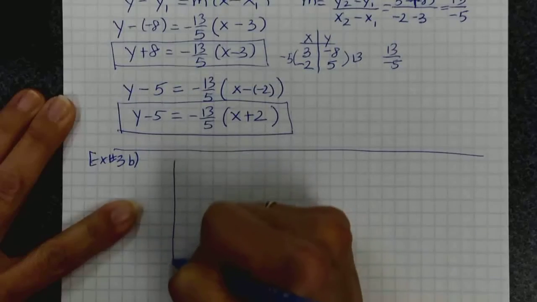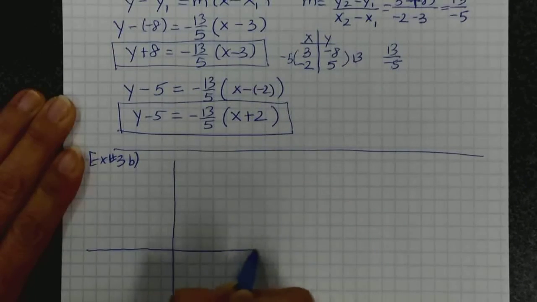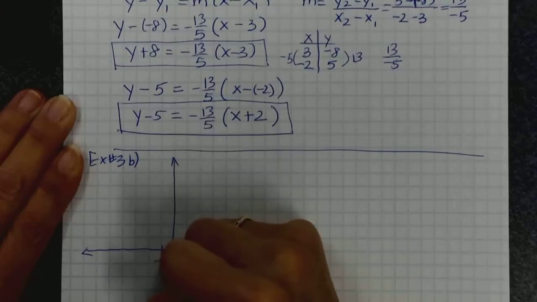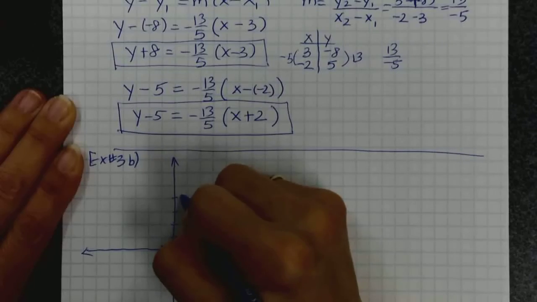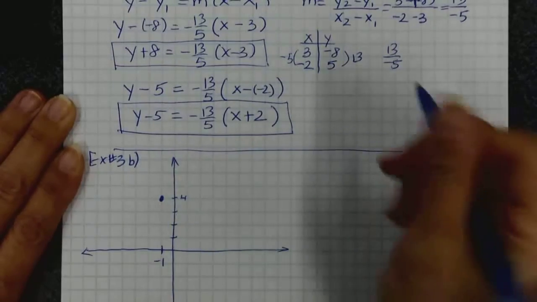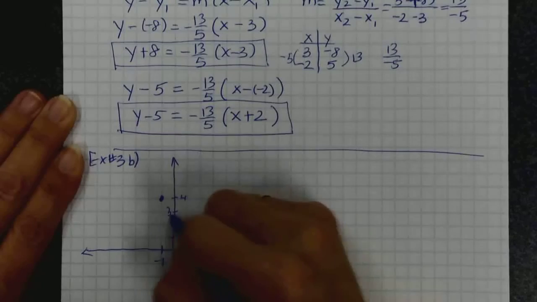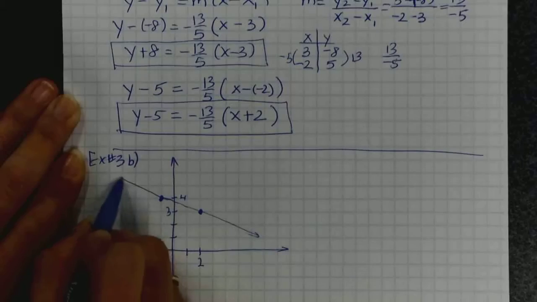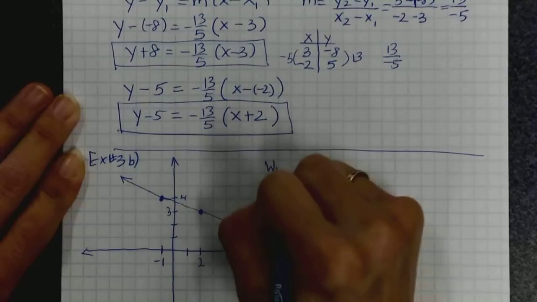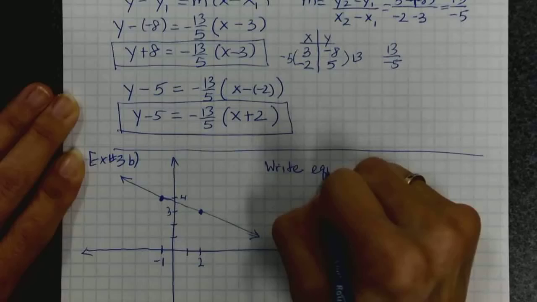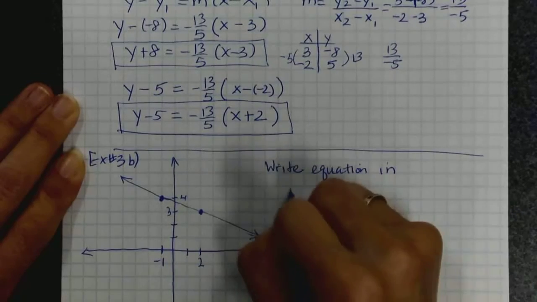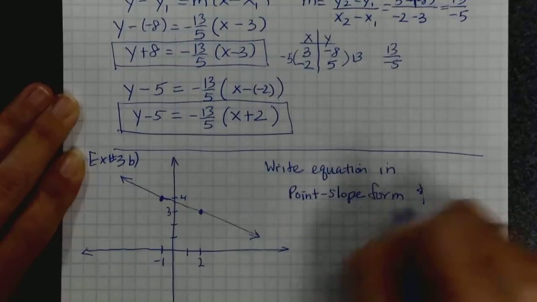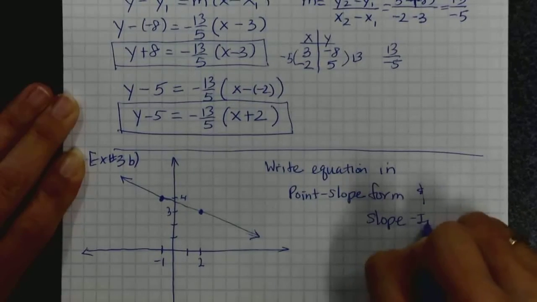So in this graph, the line will go through the points shown, and I want to write an equation of the line in point-slope form, and I want to write it in slope-intercept form.